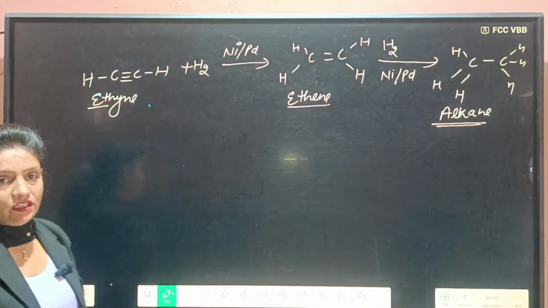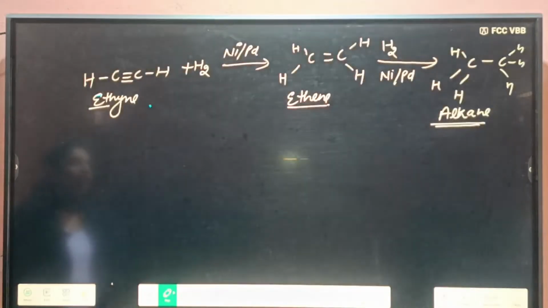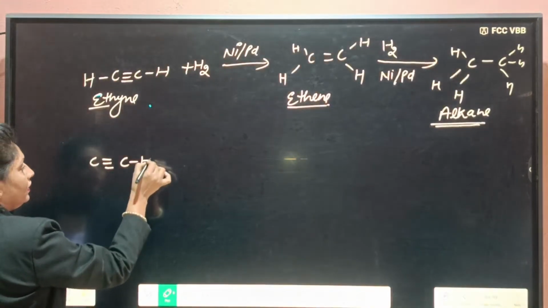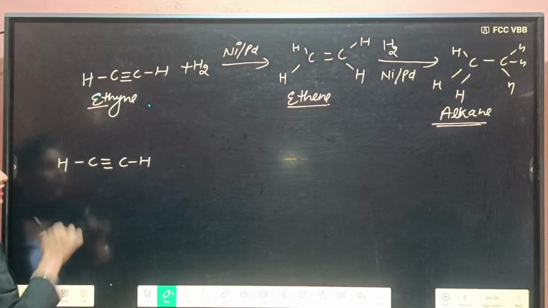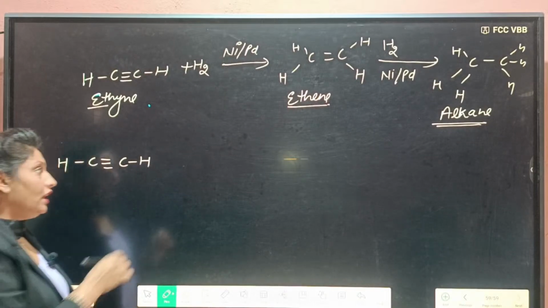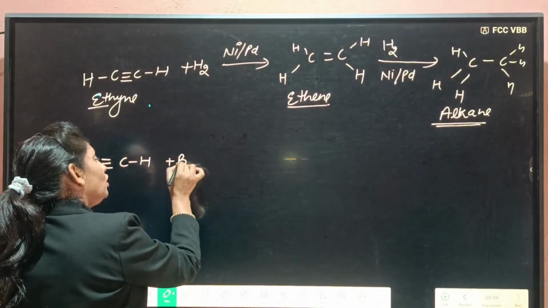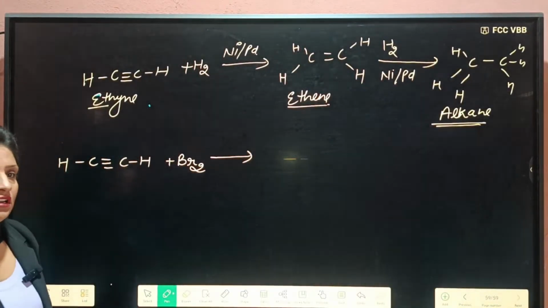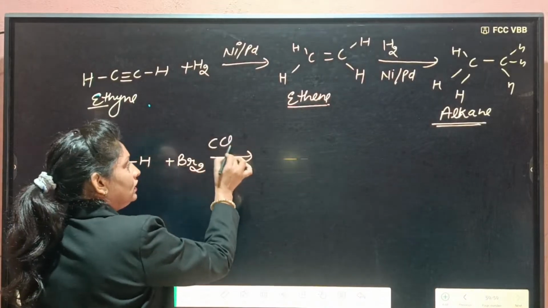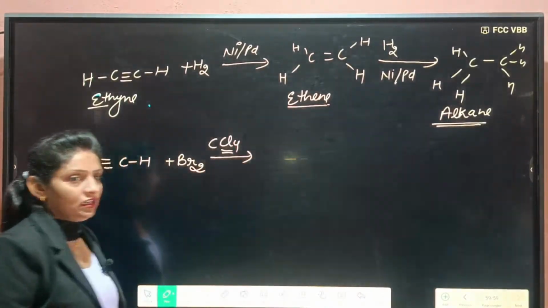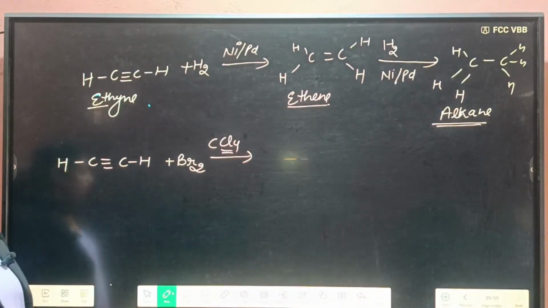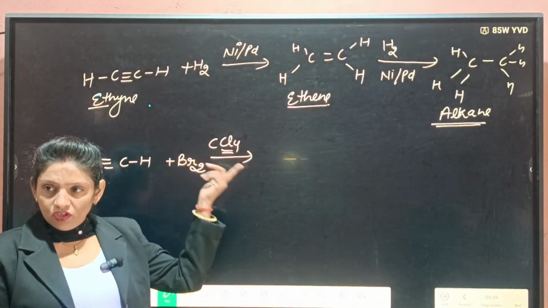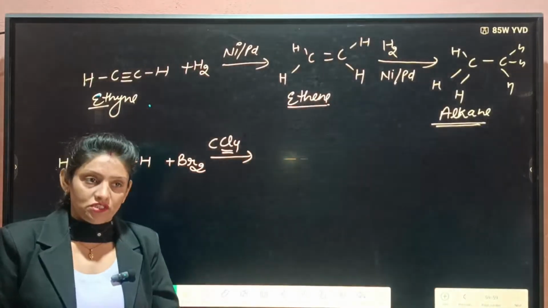Alkane. Clear? In the same way, if you have an alkyne and you react it with bromine, it is the same reaction we did yesterday in the case of the alkene. That is also known as the bromine test, bromine water test, or test for unsaturation.